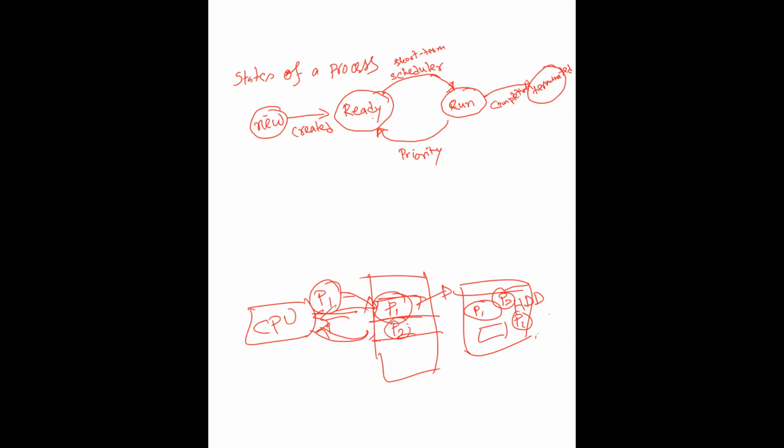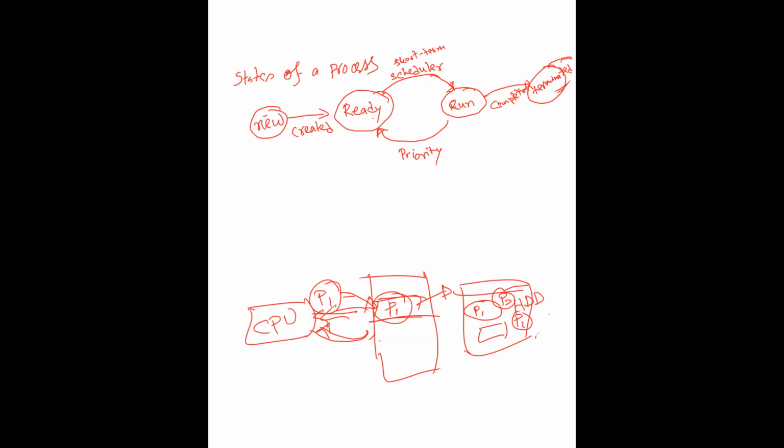When process P2 completes its tasks or running, what will your OS do? It will erase or terminate this process from the memory. So from the running state, one possibility is completion, and then the process will be terminated. This is called the terminated state of a process.